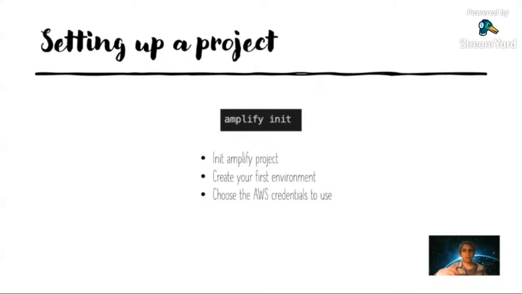Now, an Amplify environment is a totally separate environment, a box that contains all the services that you have configured within your project. You can set up many environments like this, which are kind of like copies of the application, totally separate from each other.